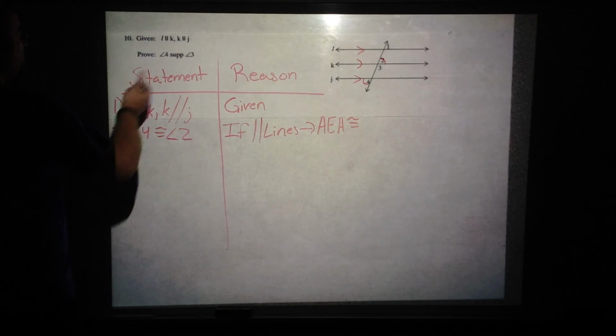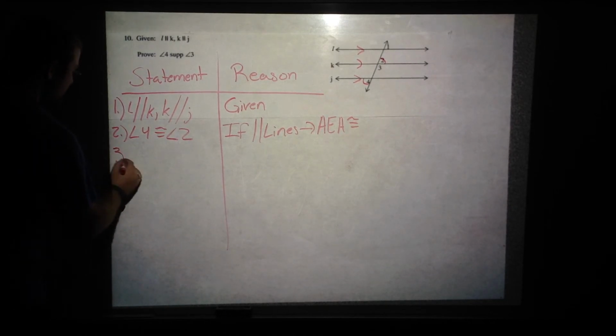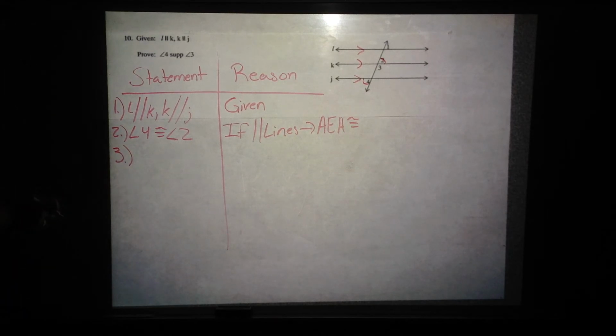If you look back at our proof, we were wanting to prove whether or not angle 4 and angle 3 are supplementary, so therefore we are going to have to set up an equation that something is going to have to equal 180. Well, anytime we have an equation we need to have the equal sign and not the congruent sign.